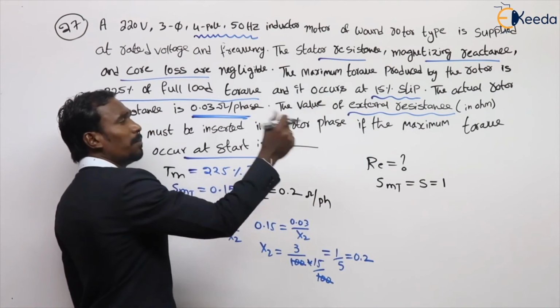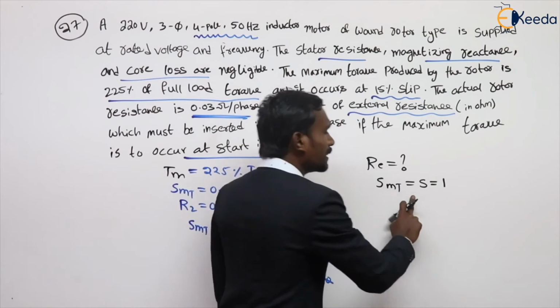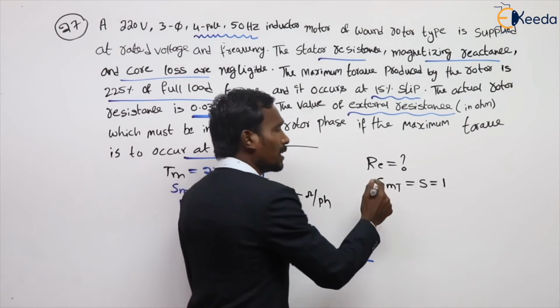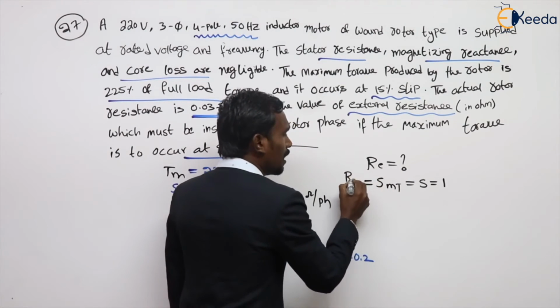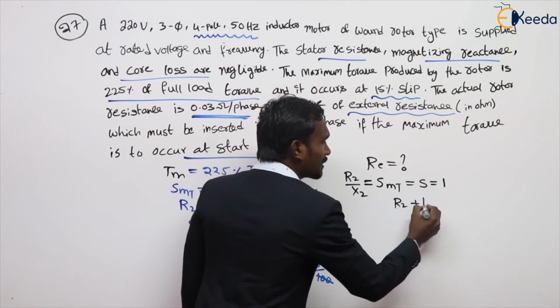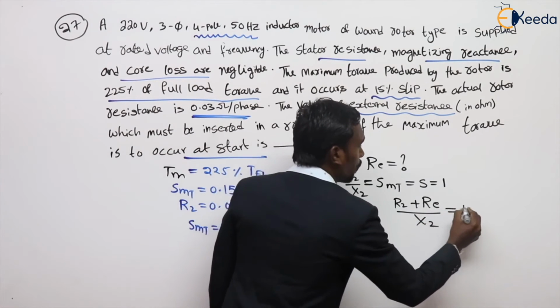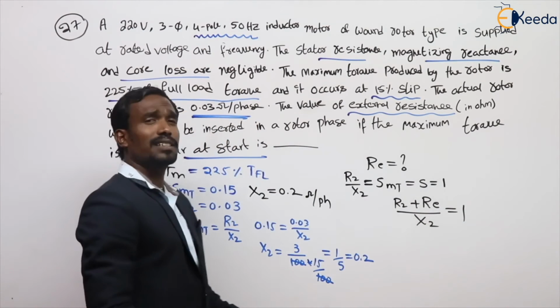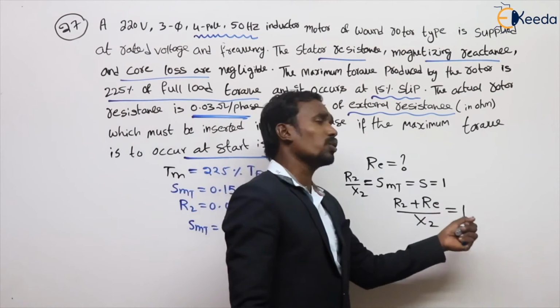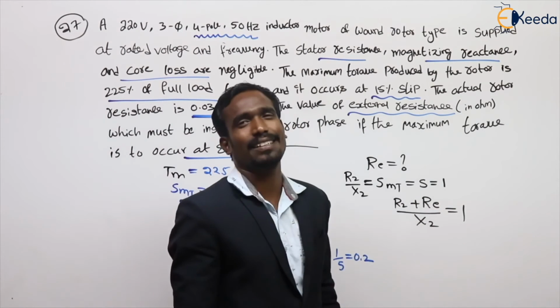As usually, maximum torque should occur at starting. So SMT should be 1. SMT is nothing but R2 by X2, the R2 plus extra resistance by X2. R2 plus extra resistance by X2 is equals to 1. Then we can get the maximum torque at starting.